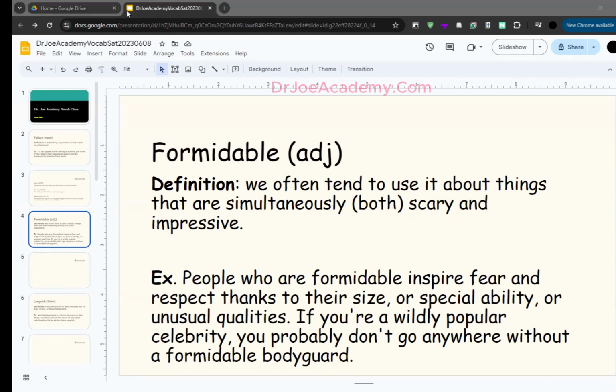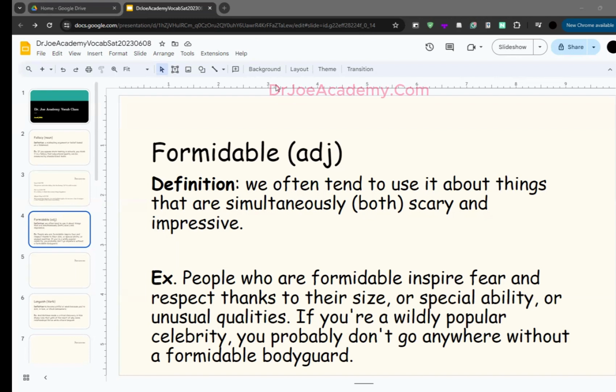Lucas, I see that you've just joined. So what we're doing is we're reading the definition of a bunch of different vocabulary words, and then we're practicing using them in sentences. So Lucas, do you want to go ahead and read the definition and example for the word formidable?